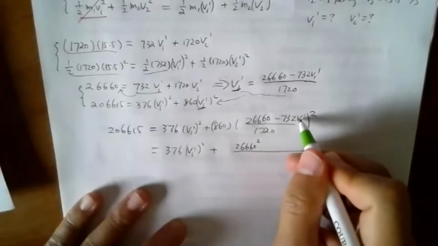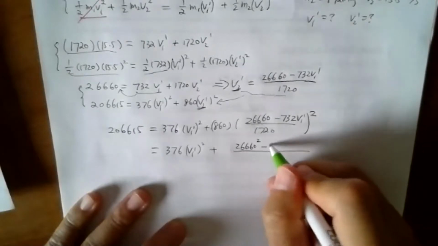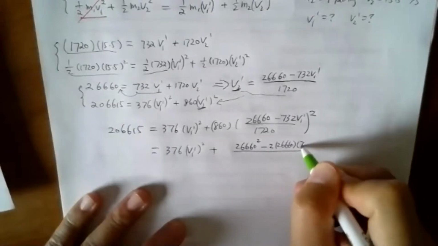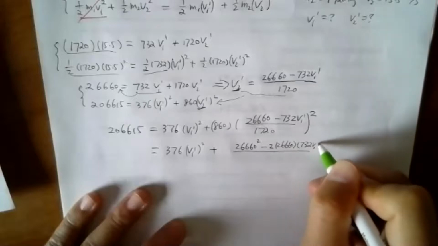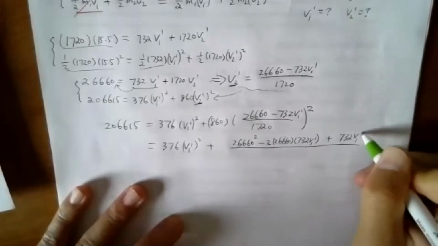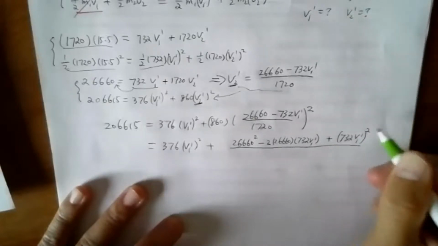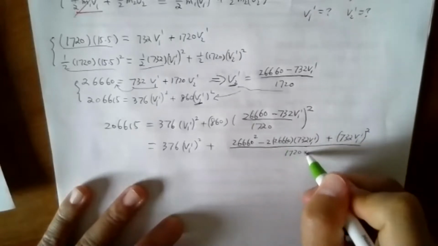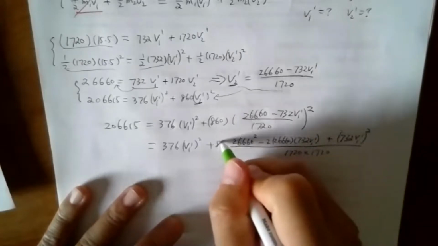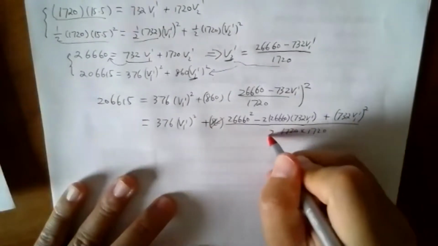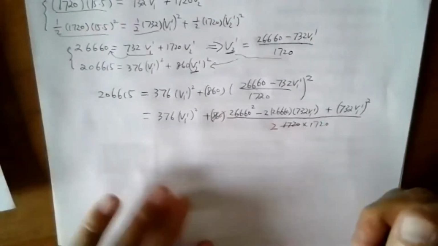This is a minus b square, so it will be a square minus 2 times 26660 times a times b, v1 prime, plus 732 v1 prime square. At the bottom here, you'll have 1720 square times 1720, and then there's 860 in front. 860 is exactly half of that guy, so this becomes 2 times 1720 there.